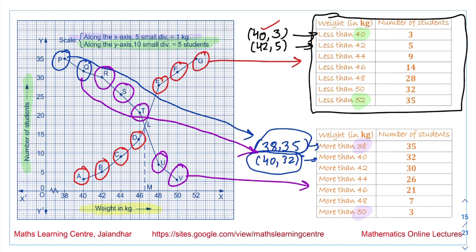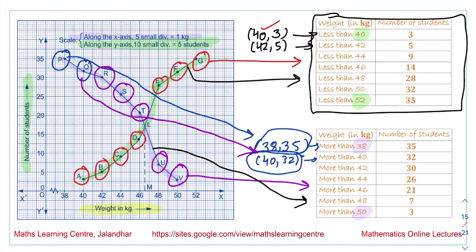Then we join all these points A, B, C, D, E, F and G. Then we join the points P, Q, R, S, T, U, V. So this is our Ogive: this is our less than type Ogive and this is our more than type Ogive.